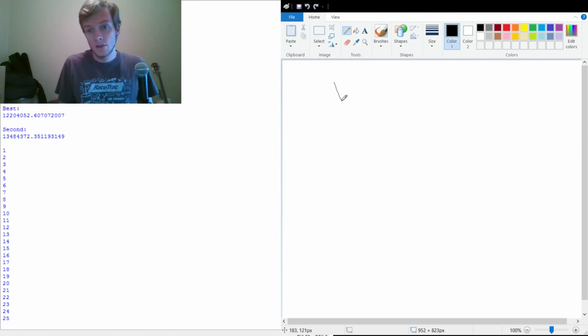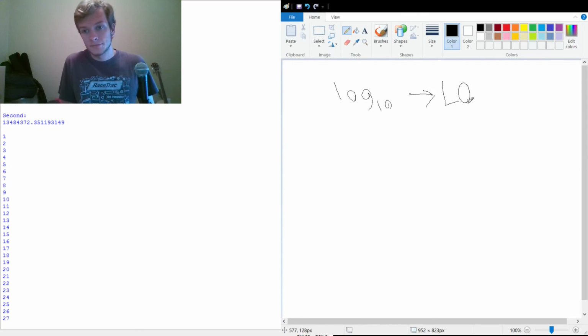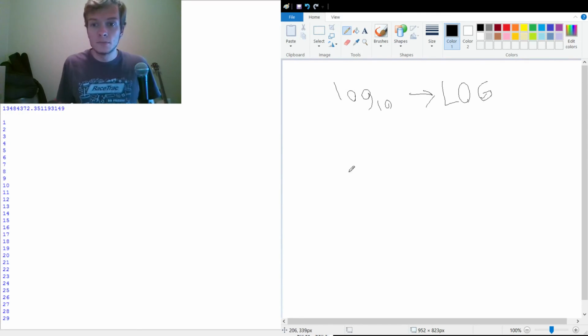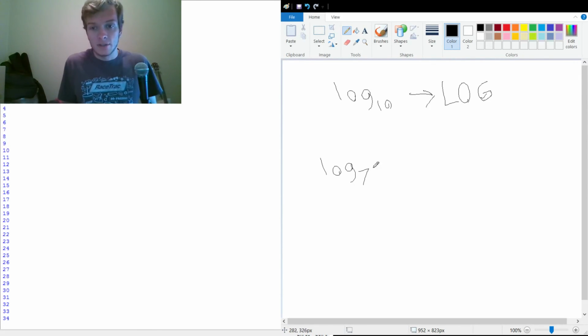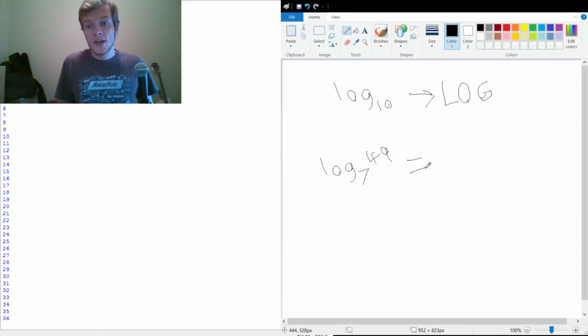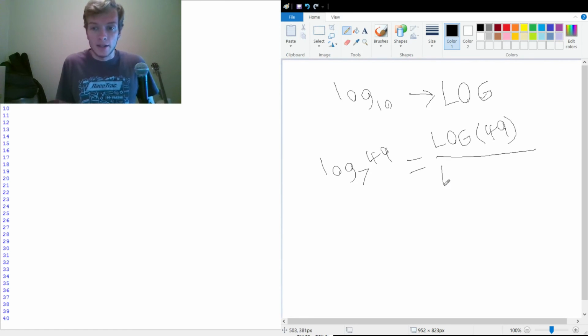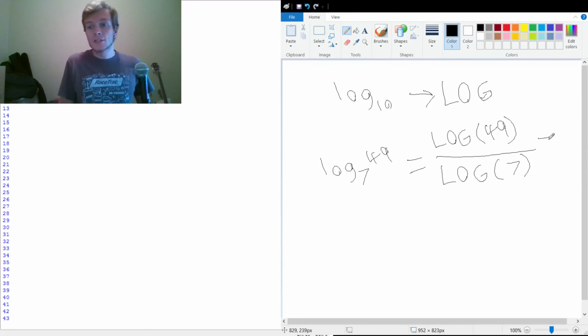But there are ways to use other bases when you only have a simple calculator. If you have log base 10 to work with, which is just log, there's a change of base formula. If you want log base 7 of 49, but all you have is log base 10, you can say log of 49 divided by log of 7, and that should equal your answer.